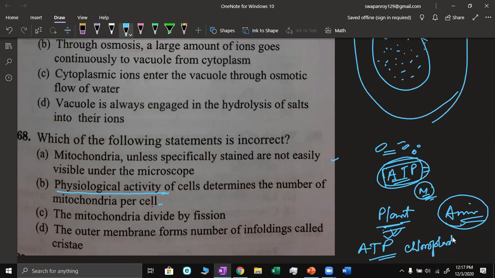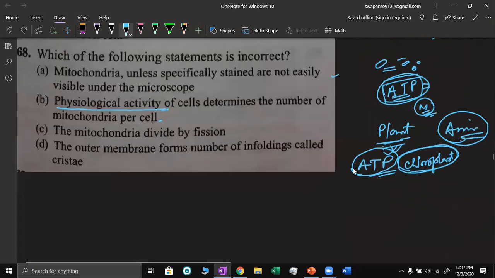We know in the light reaction of photosynthesis that ATP is synthesized. So ATP synthesis is also carried out by the chloroplast in plant cell, and that's why plant cells have fewer mitochondria compared to animal cell.